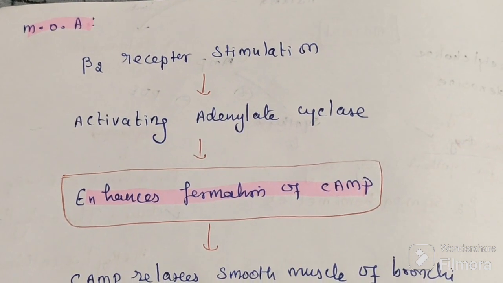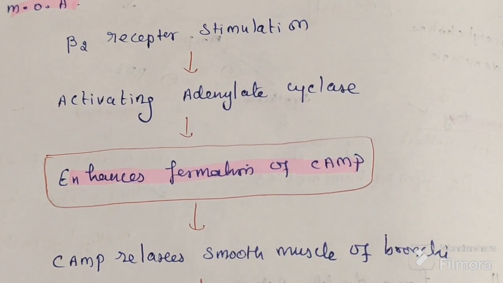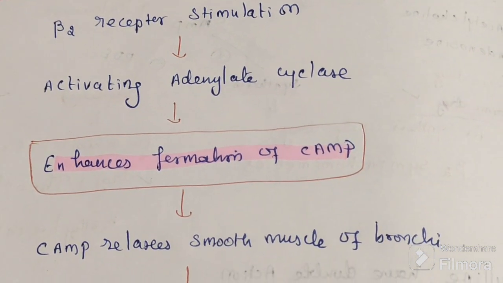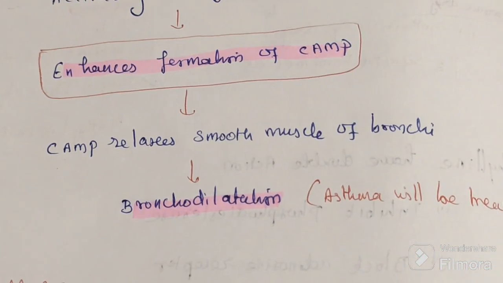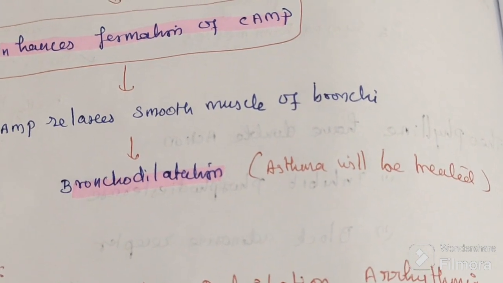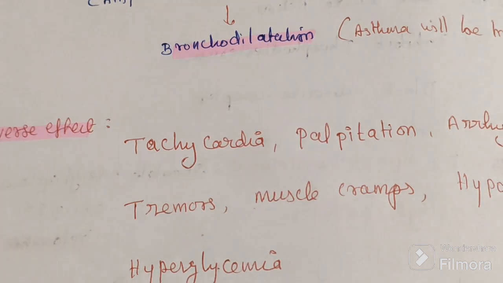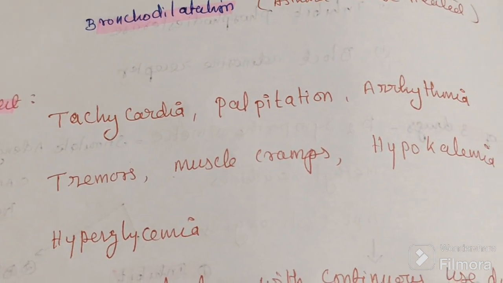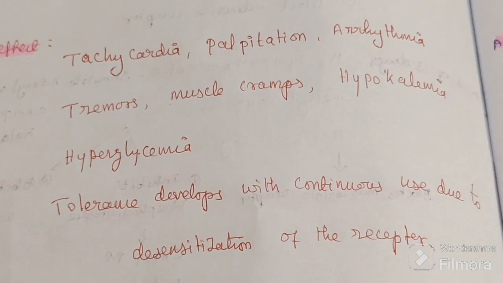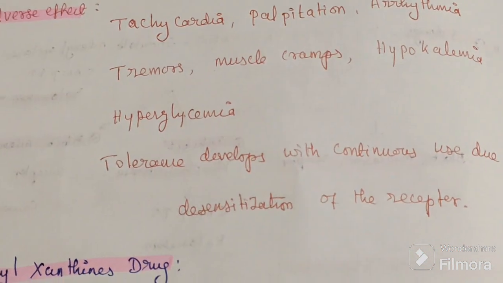Beta 2 receptor stimulation activates the adenylate cyclase enzyme, so it enhances the formation of cyclic adenosine monophosphate, so it causes bronchodilation. So we can use it for asthma treatment. Then adverse effects: tachycardia, palpitation, muscle cramp, hyperglycemia, hypokalemia. These are the adverse effects.